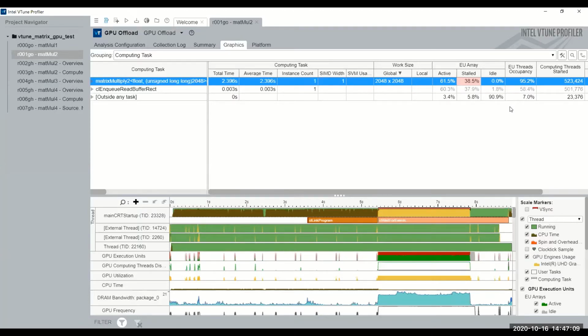In this case, we're just observing one kernel, but it can still give enough information to understand how efficient the execution of this kernel was in the application. So let me switch back to the presentation.